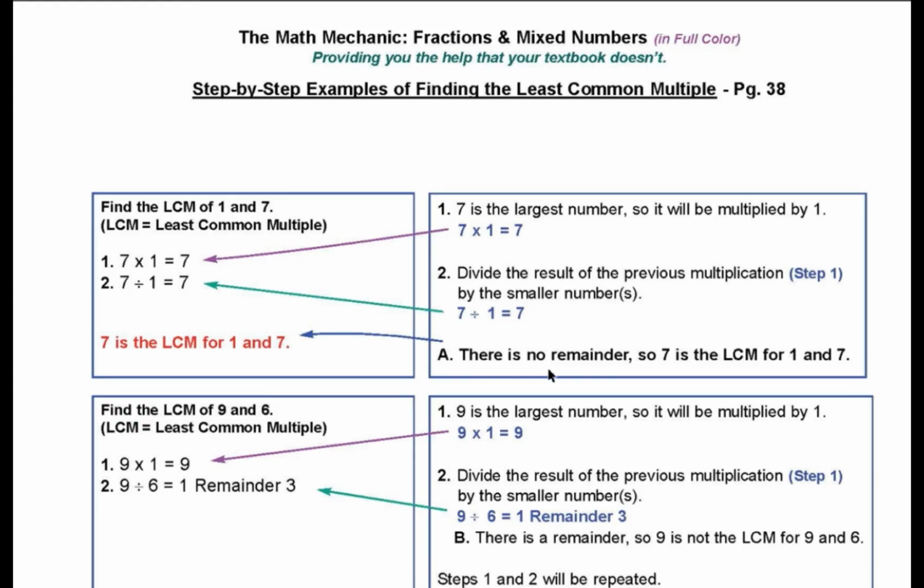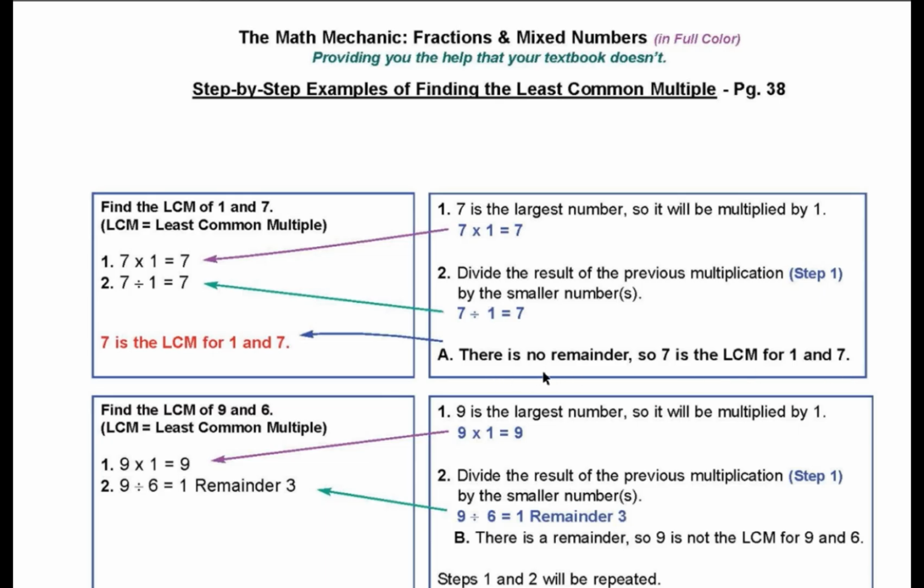Since there is no remainder, 7 is the least common multiple for the numbers 1 and 7.